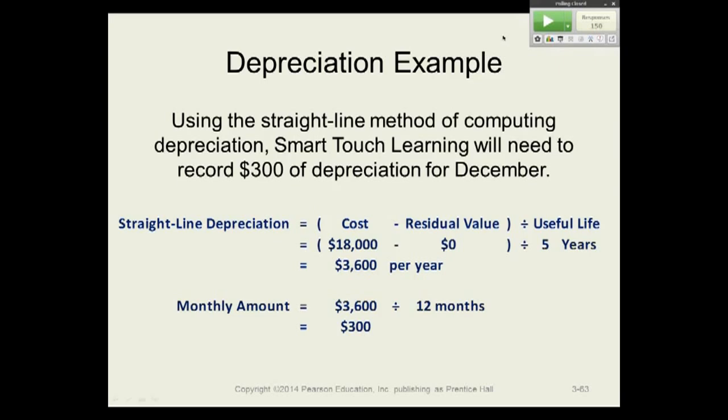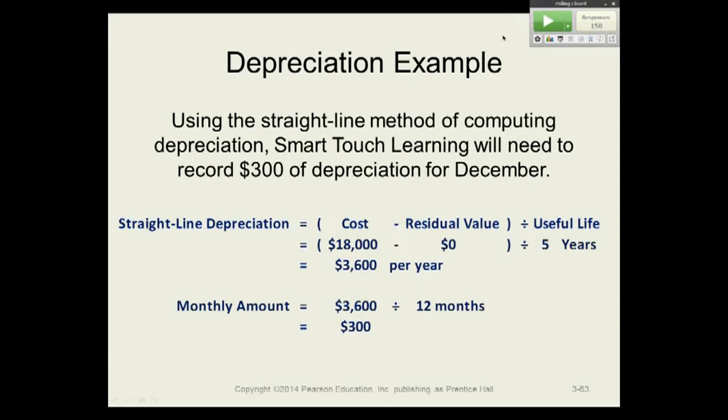Okay? So the beginning balance, or when the asset was purchased, the asset was purchased on December 1st or December 2nd. Okay? So there's your asset, and that's at cost.